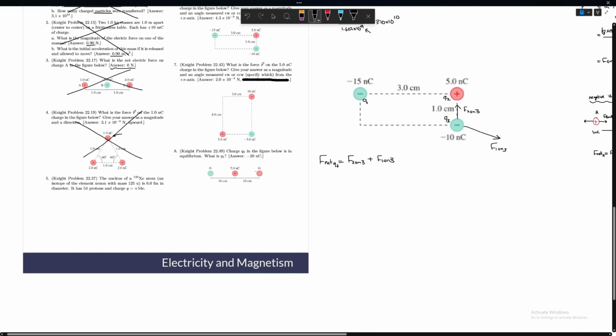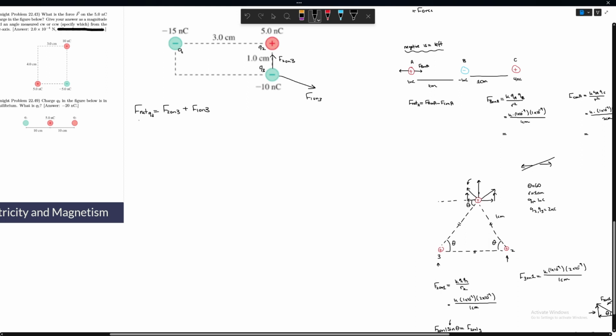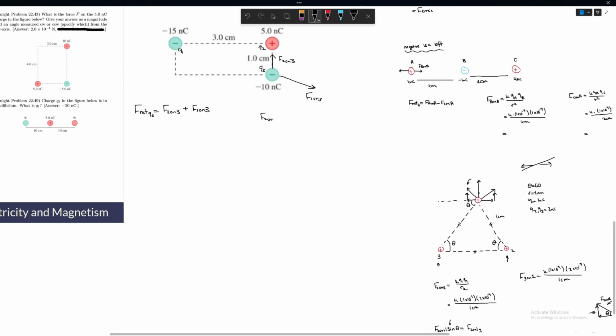Now we have to split them and get each one. F2 on 3 equals K Q2 Q3 divided by the distance r squared, where K is the constant. Remember how we said negative determines which direction?